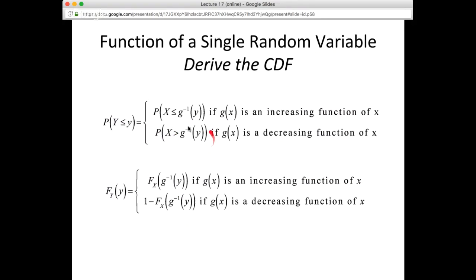Or it's the complement, 1 minus the CDF for x evaluated at g inverse of y, if g of x is a decreasing function of x. So those are our derived CDFs, relating the CDF of y to the CDF of x, depending on whether g of x is increasing or decreasing.